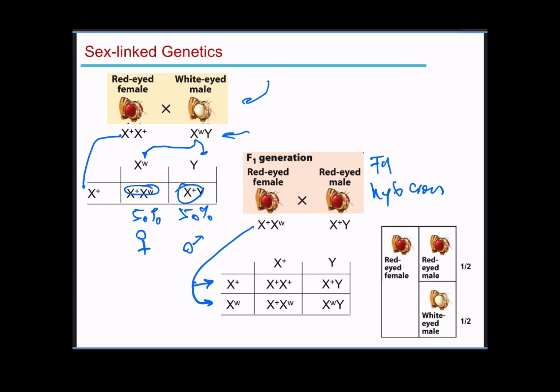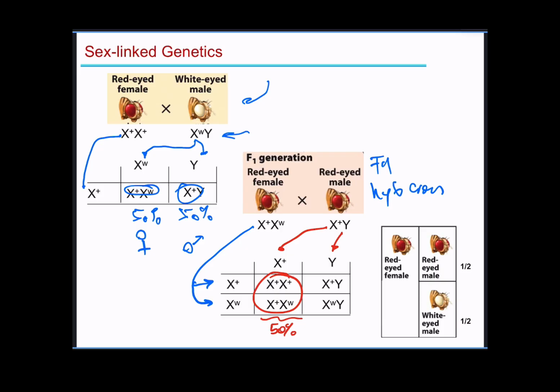Half the eggs will have the X with the wild-type allele, and half the eggs will have the X with the mutant allele, whereas the males are still producing half the sperm with an X with a wild type and half the sperm with a Y. You solve this Punnett square, and you notice that 50% of the flies are female, but all of them have red eyes, because half of them are going to be homozygote wild type, and the other half will be heterozygote. And since the mutation is recessive, they're going to show the wild type phenotype, the red eyes.